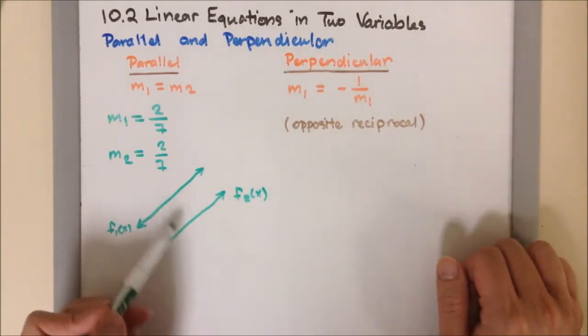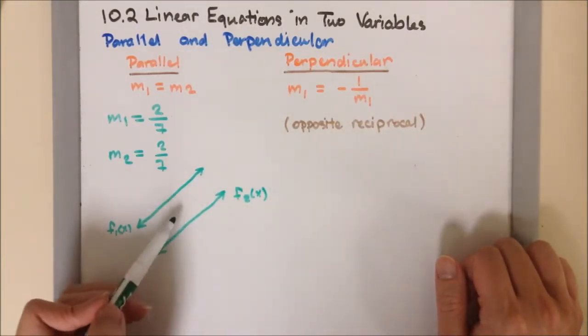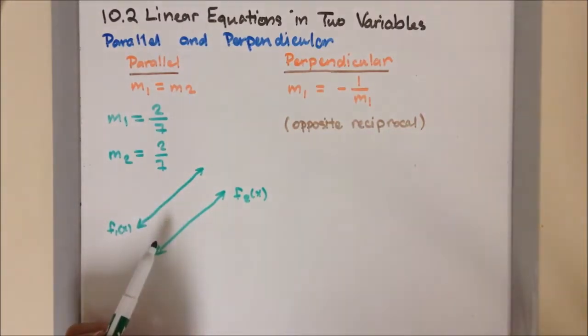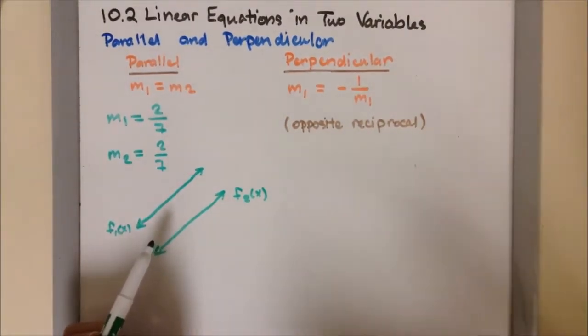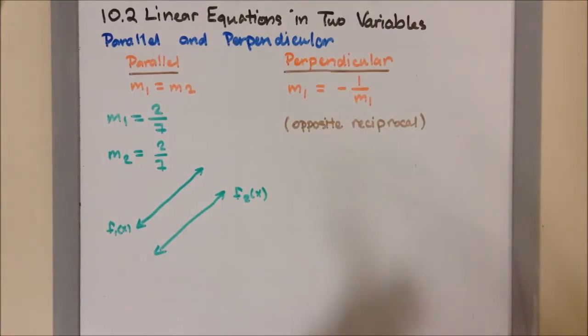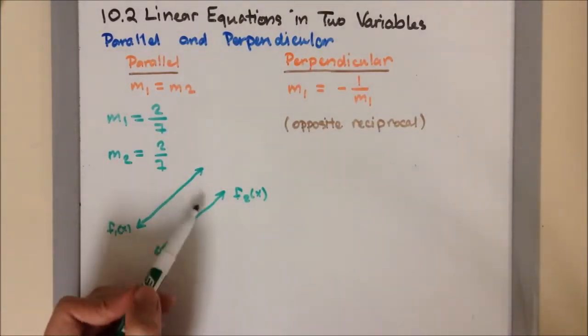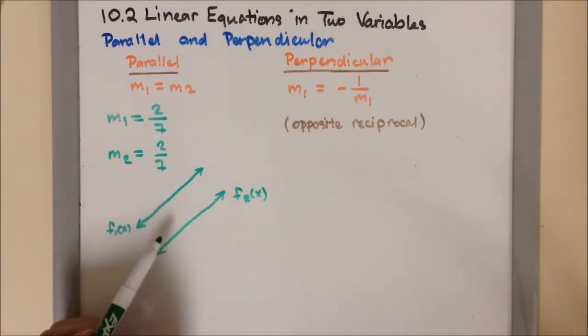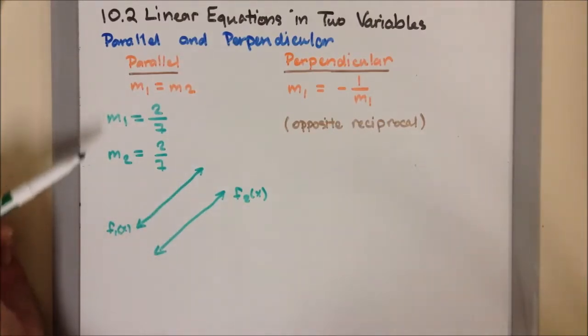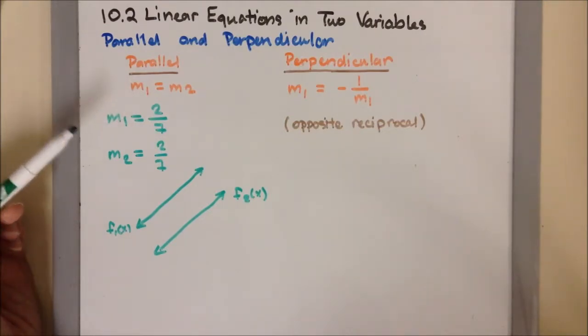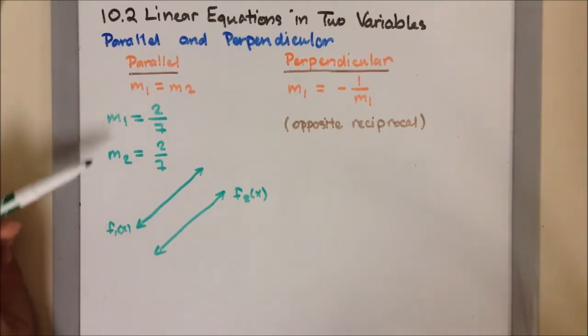If you look closely at these two lines, they are parallel to each other. If they're parallel, they're never going to intersect. So in order to be parallel and never touch or intersect each other, they must have the exact same slope. It doesn't matter what y-intercept they have, the slope has to be exactly the same.